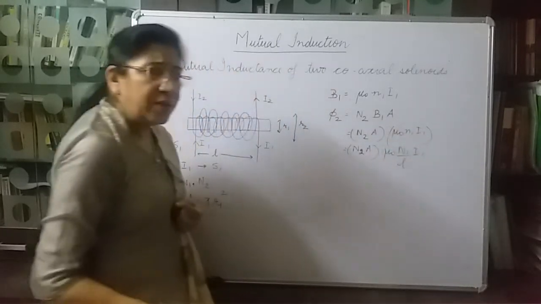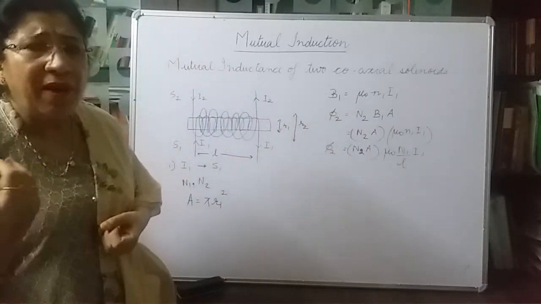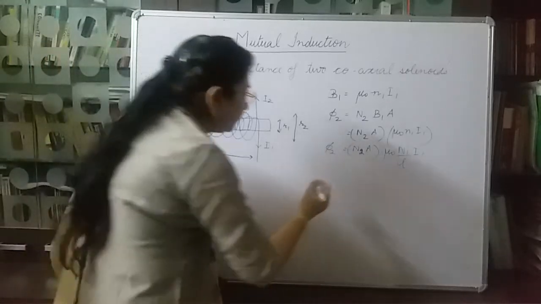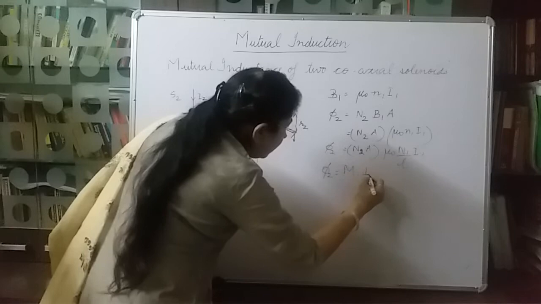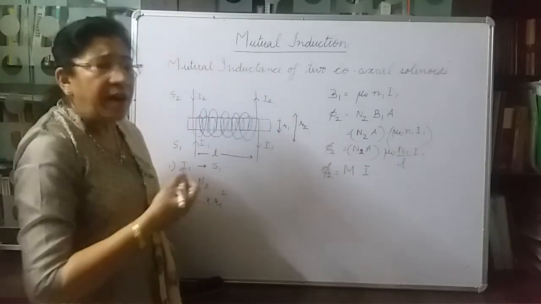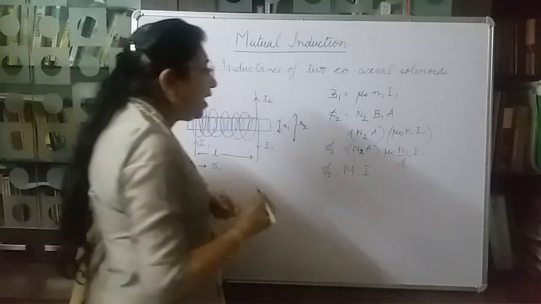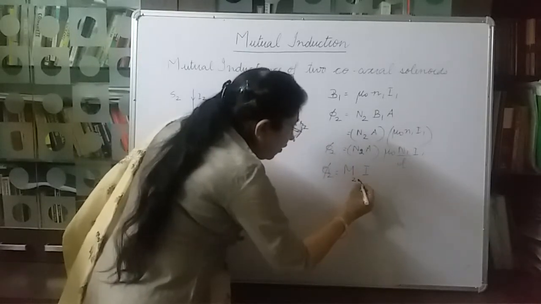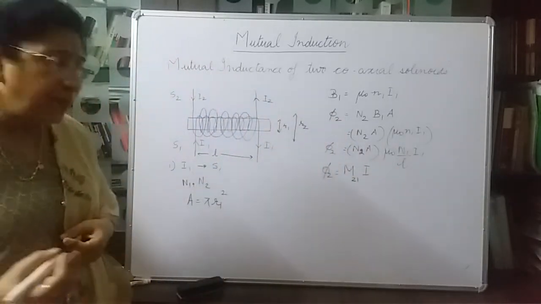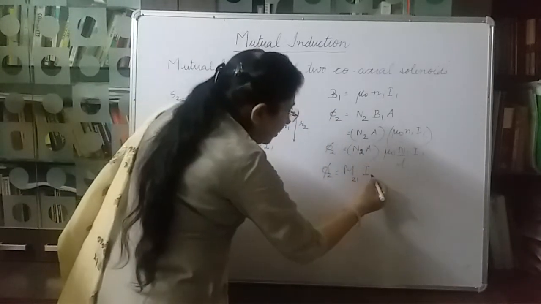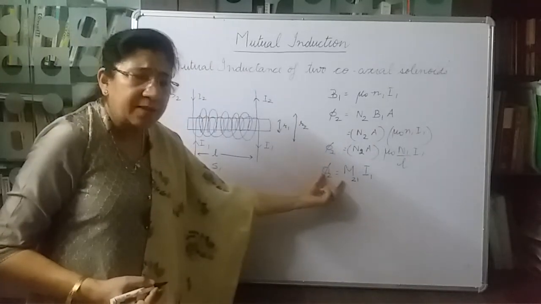We get this relation. And going to the formula where we had found phi is equal to M I, we had defined in this manner that the flux is equal to M into I. We can find the flux of the second coil, the mutual inductance of the second coil with respect to 1 and the current I1. This is the formula for flux.